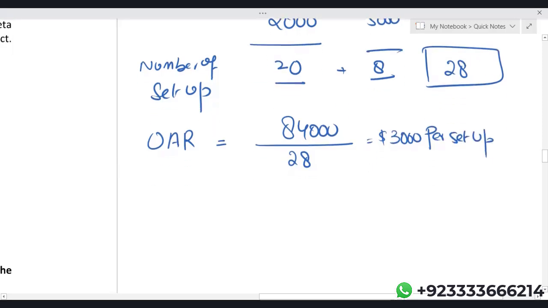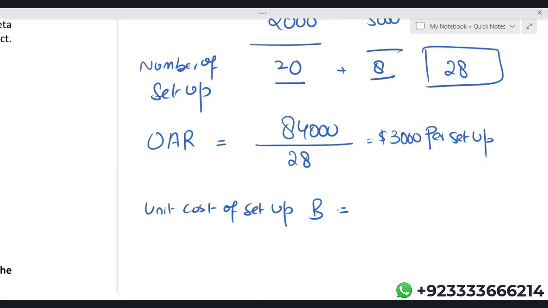Now, unit cost of setup of product B. So how much setup cost per unit of product B will we have to bear?